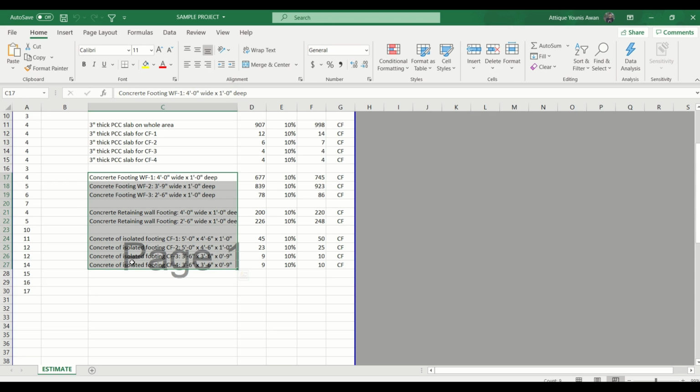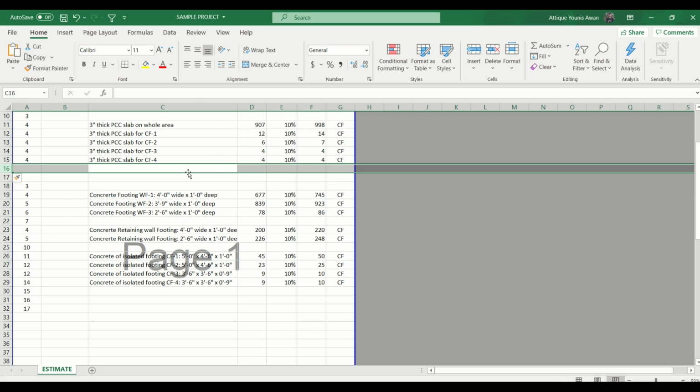I have decided that in today's session we will only get the quantities of cement, sand and aggregate, while in the next session I will discuss how we will get the quantity of steel bars in reinforced concrete footing.